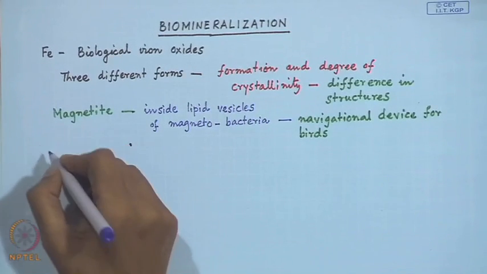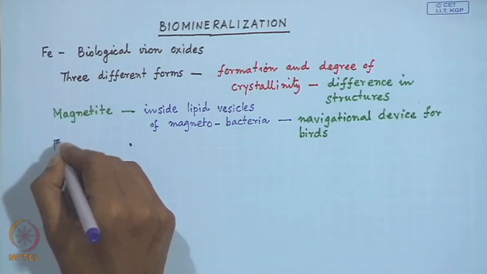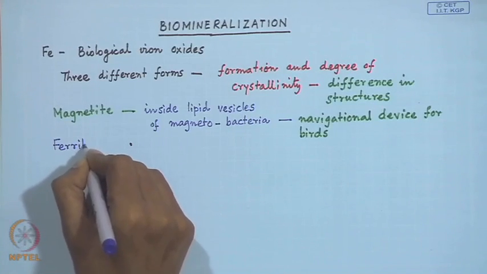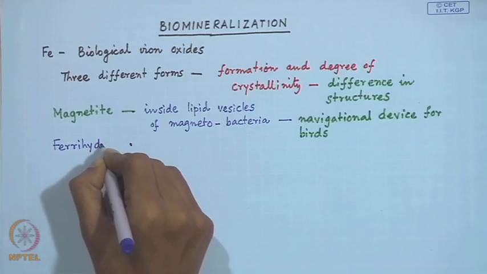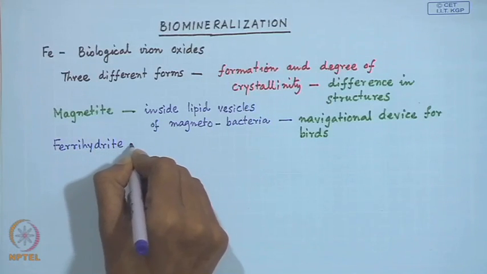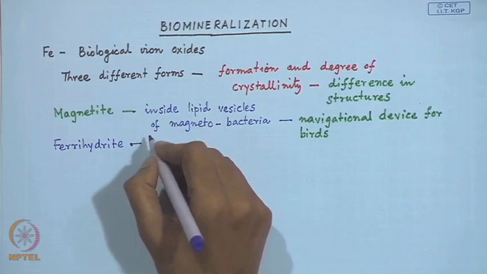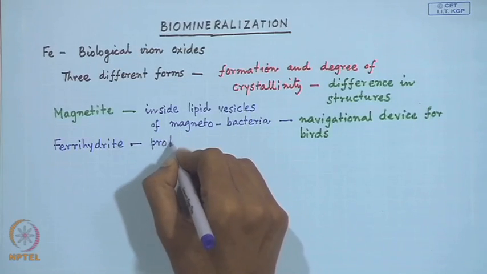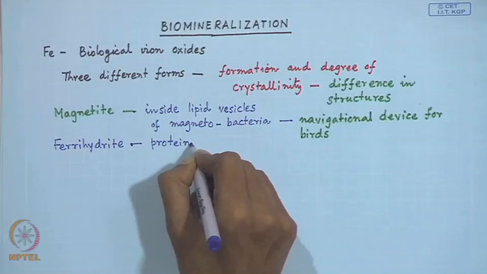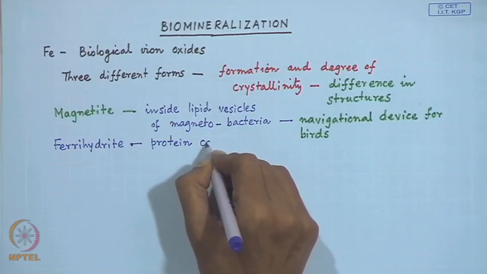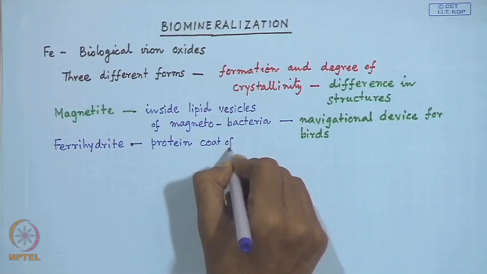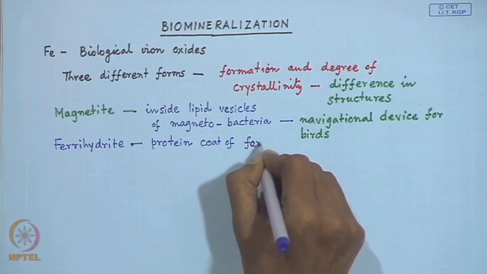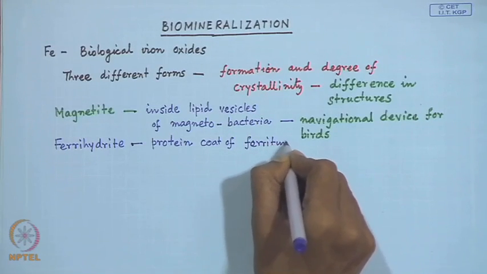Then another important material is ferrihydrite, which forms from the protein coat of ferritin, as we have just seen.